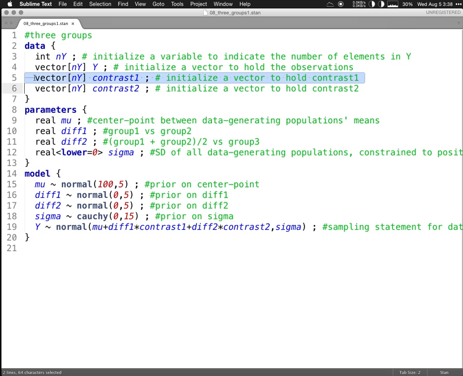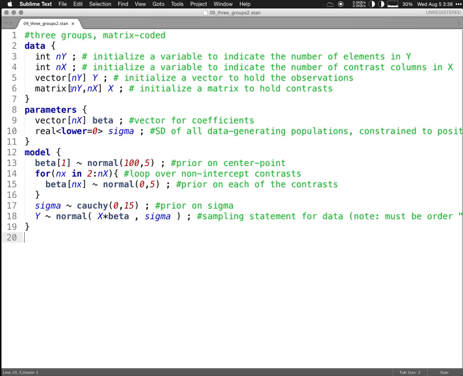Instead of having 2 contrasts as inputs, and then 3 parameters that we're estimating, mu, diff, diff2, and all these priors and this complicated specification of the means for each group, we are able to have a single matrix as the input to hold both a column of ones as the intercept and then the 2 different contrast columns, and a single vector holding 3 values, the number of columns in x, to represent the coefficients that we're estimating.